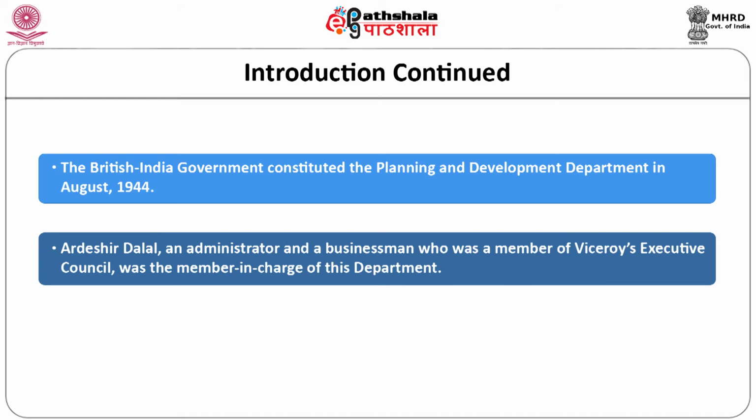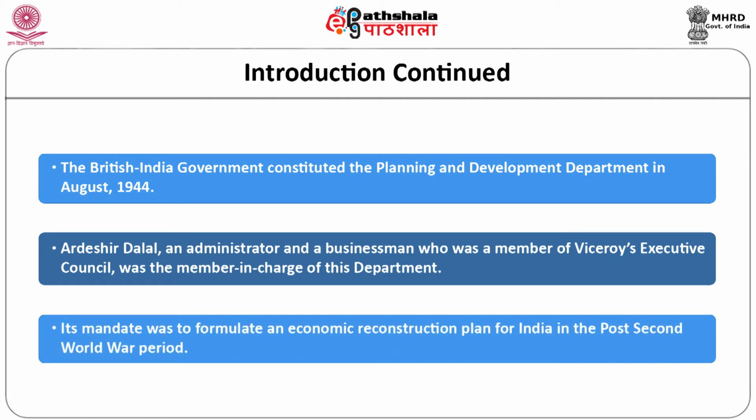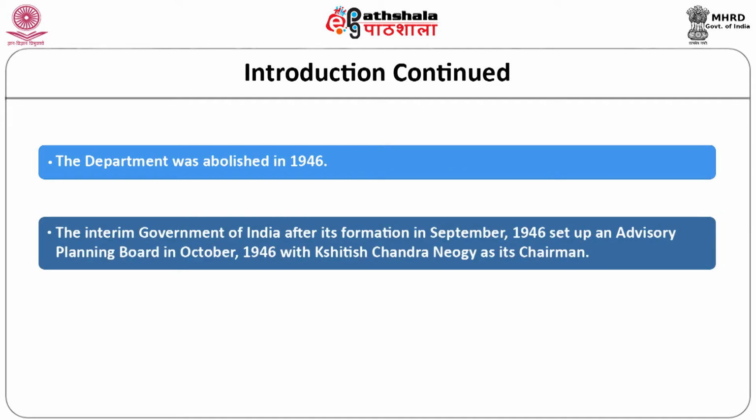A. Dalal, an administrator and businessman who was a member of the Viceroy's Executive Council, was the member in charge of this department. Its mandate was to formulate an economic reconstruction plan for India in the post-World War period. The department was abolished in 1946.